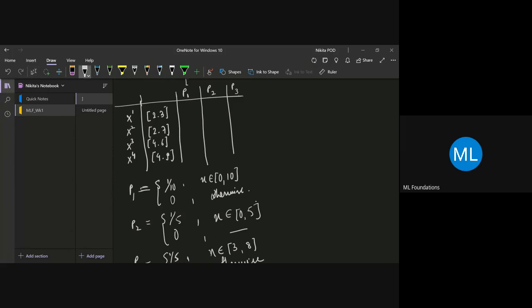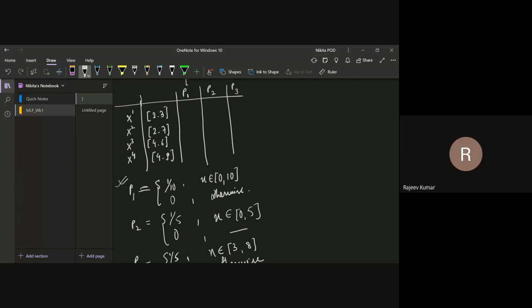So now let's look at x1, which is 2.3. Looking at P1 first, x is 2.3, which belongs to 0 comma 10, so P1 is 1 by 10.